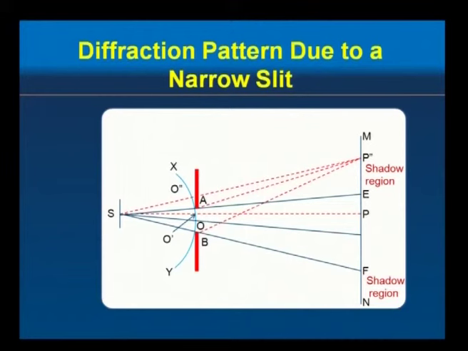I showed you in the lectures earlier that if M1 is like this, M2 will be downward because they are opposing each other. Therefore, the resultant displacement caused at a point P should be written as M1 minus M2 plus M3 minus M4. So alternately you have plus and minus signs.